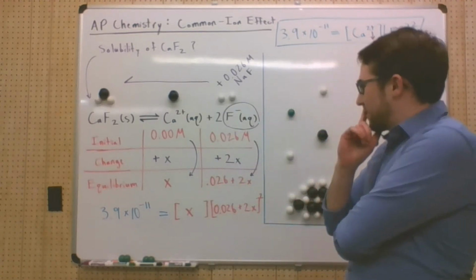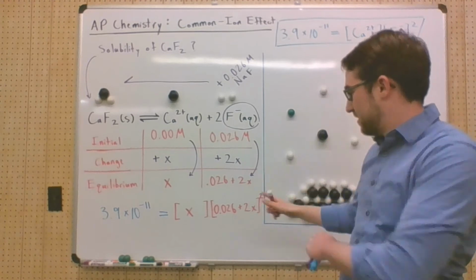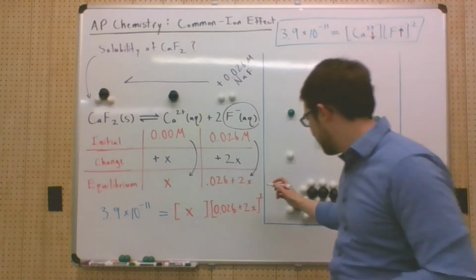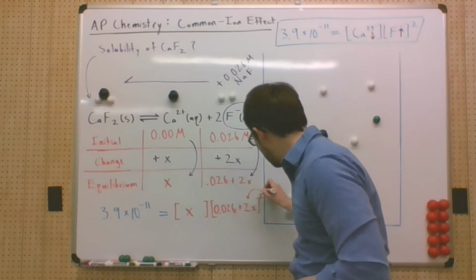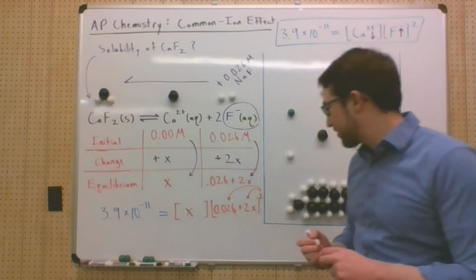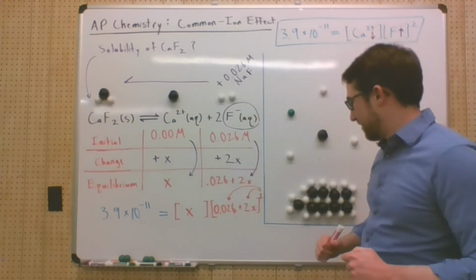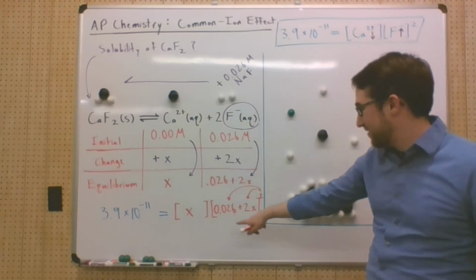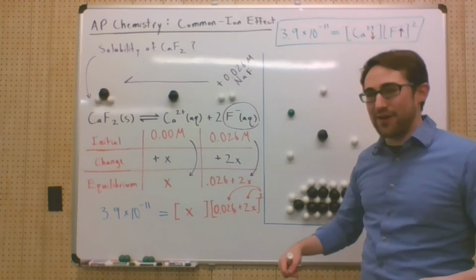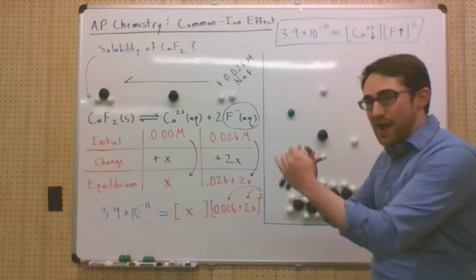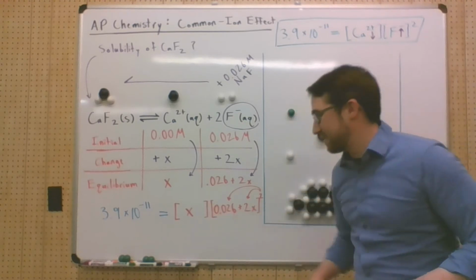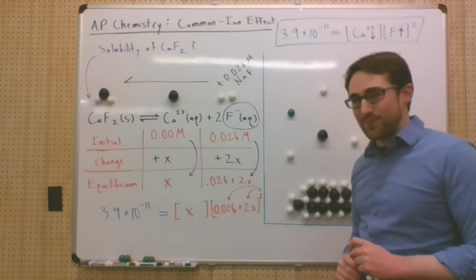Okay, so I'm going to need to work this out a little bit. So I've got to square both of these, okay, to get everything worked out. So I'm going to have 0.026 squared, and then 2x is also going to be squared. And then I'm going to have to multiply it to this x here. So I'm going to condense this part first.